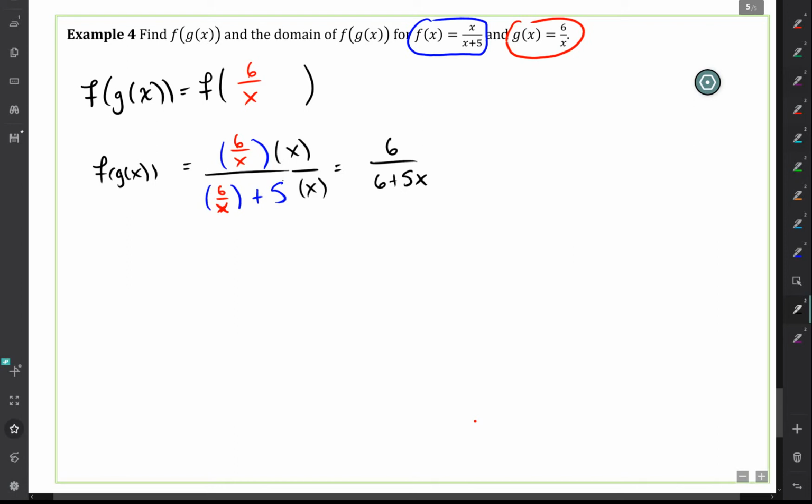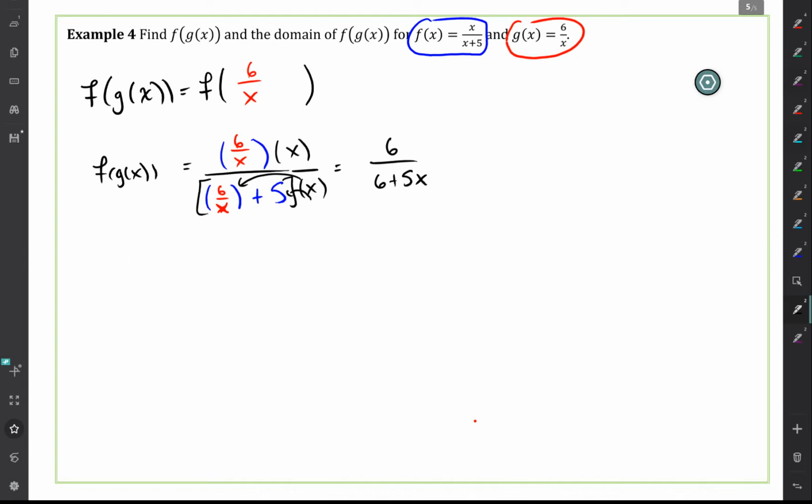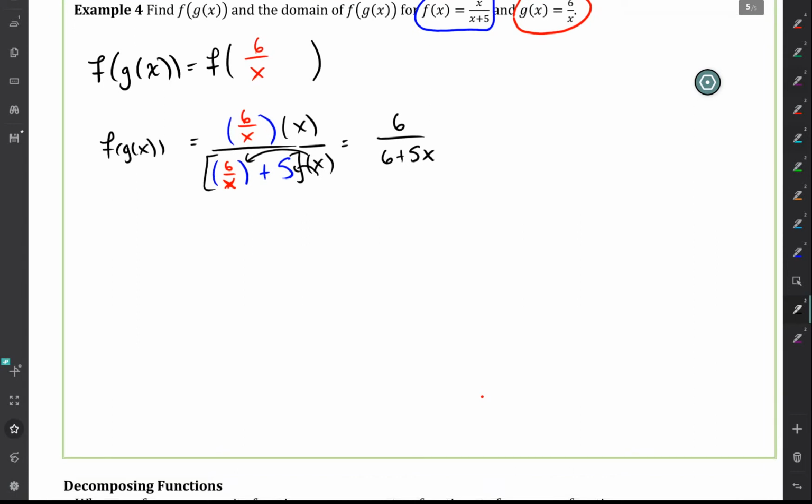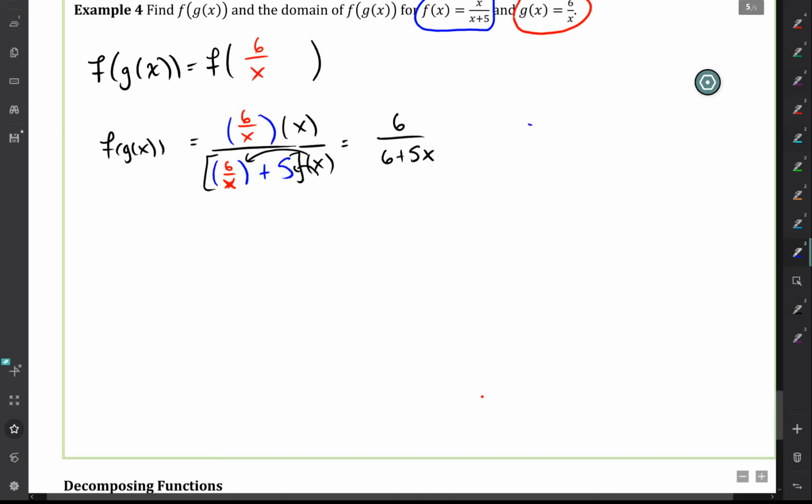So I'm distributing this x in here, and the x over x is 1, so you get 6 over 6 plus 5x. And now we're asked to also find the domain, so let me just write down that my final answer, f of g of x, is 6 over 6 plus 5x.